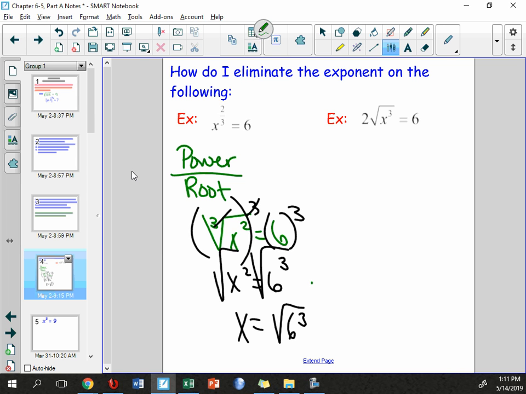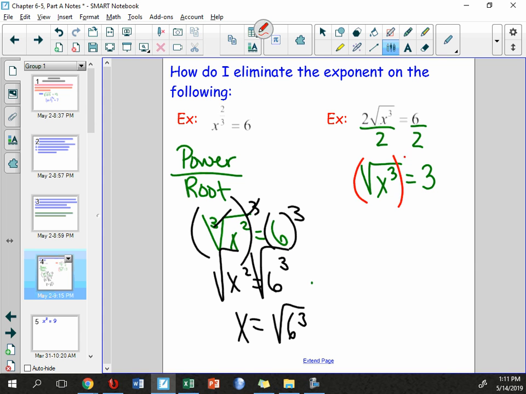Okay, this. Isolate. What should I get rid of first? The 2. How do I get rid of the 2? Divide by 2. So if I divide both sides by 2, I have the square root of x cubed is equal to 3. Now, what do I have for my radical there? A square root. So how do I get rid of a square root?